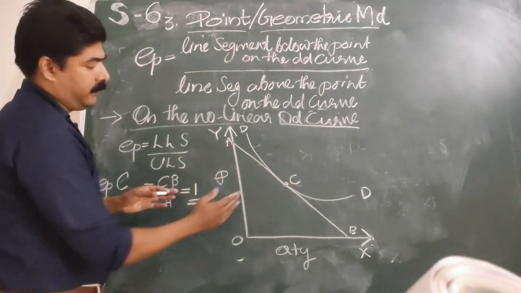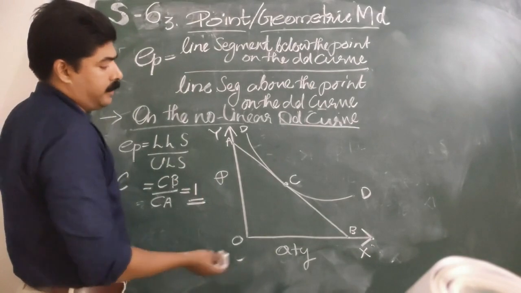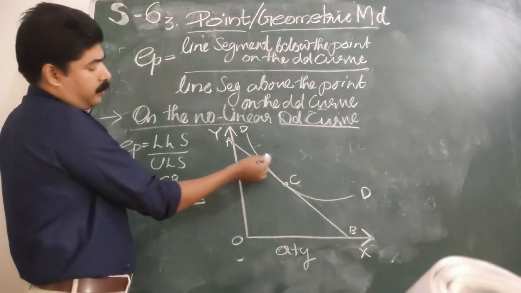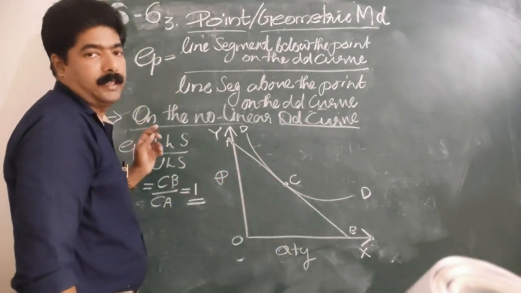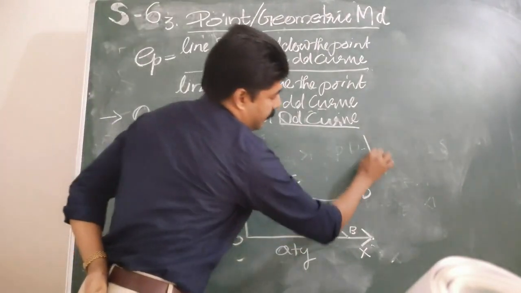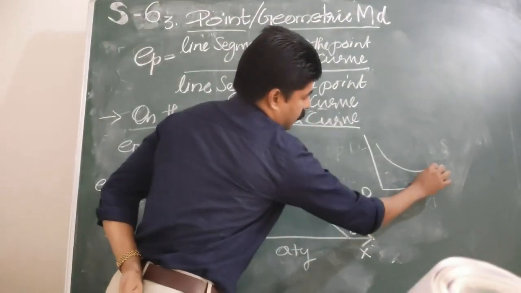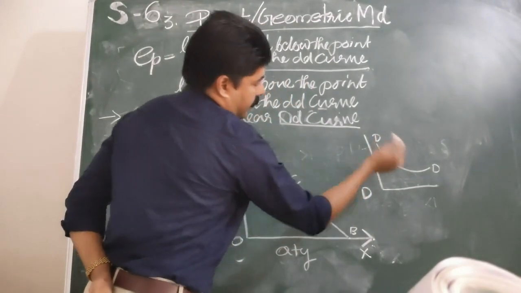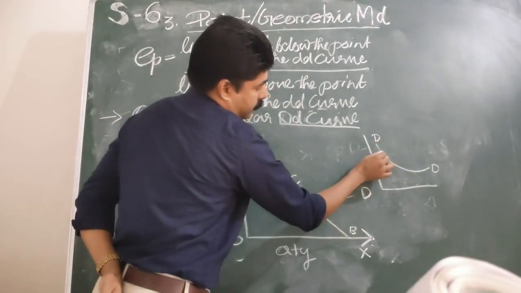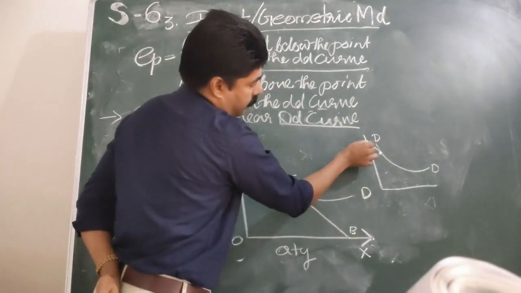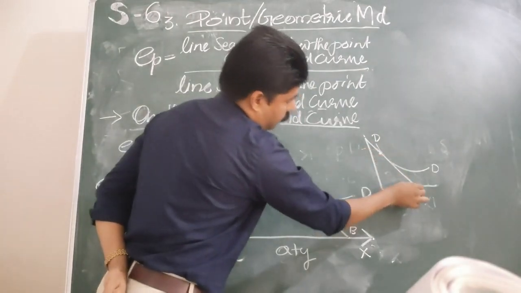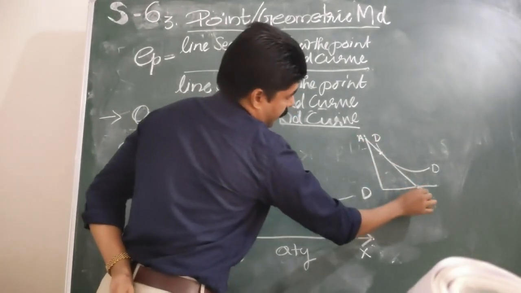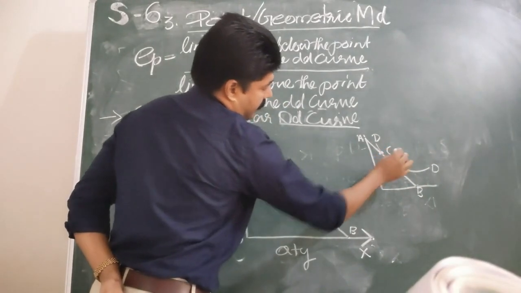In another case, suppose the point is here, or suppose the point is here, you need to draw a line like this. For example, this is the demand curve, and the point is suppose here. You need to draw a tangent too. This is the tangent AB, and C is the point you have to find.